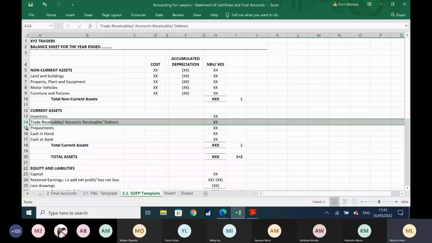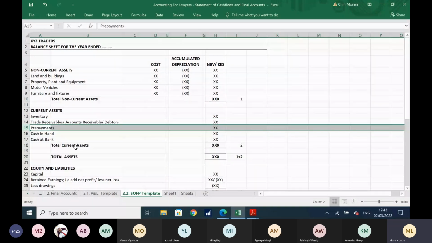Prepayments were explained by Nyamolo. So just to recap, a good example of a prepayment is your insurance. The policy runs from, let's say, June 2021 to May 2022. But then your year ended in December.